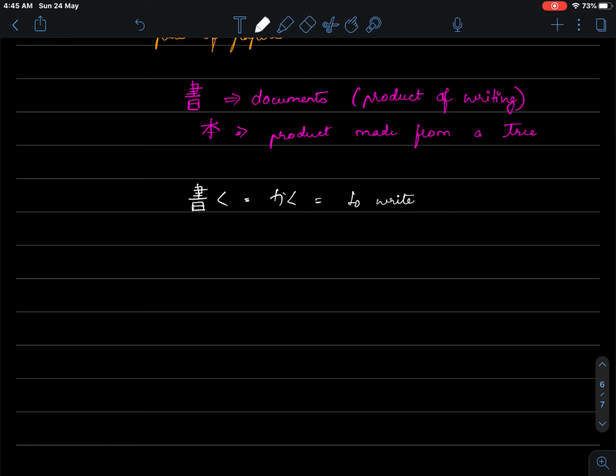Now we'll have a look at the next word. This will be read as kakitori. So you're taking something down in writing, or having someone else write for you in this case. So you're talking about dictation. Okay, kakitori. Take in writing.